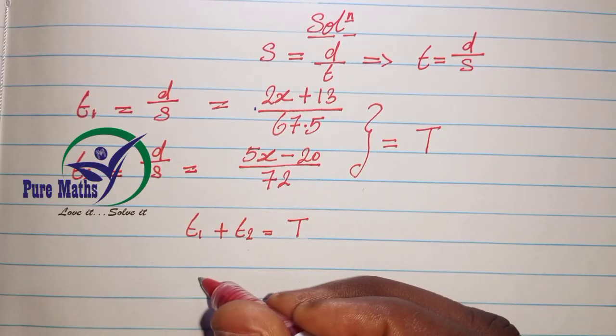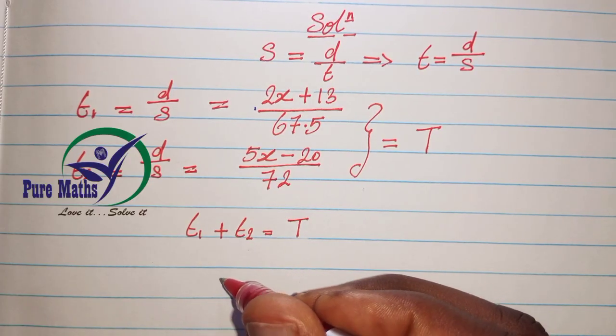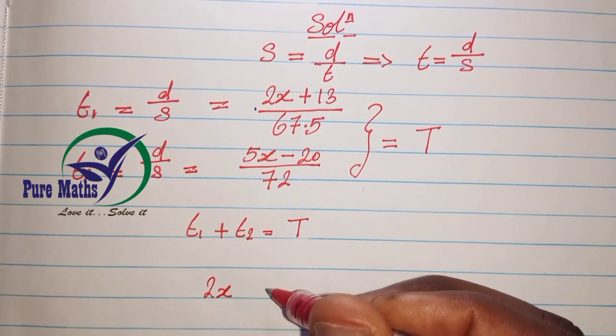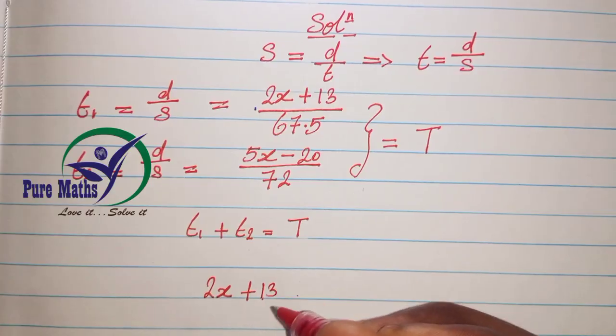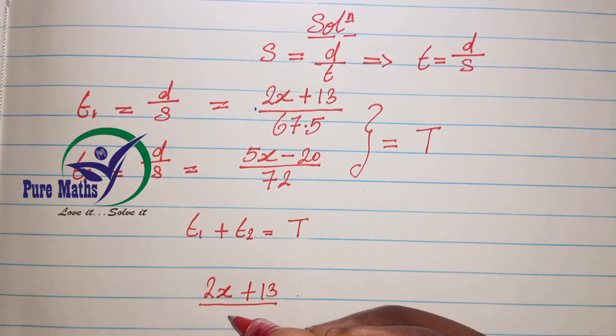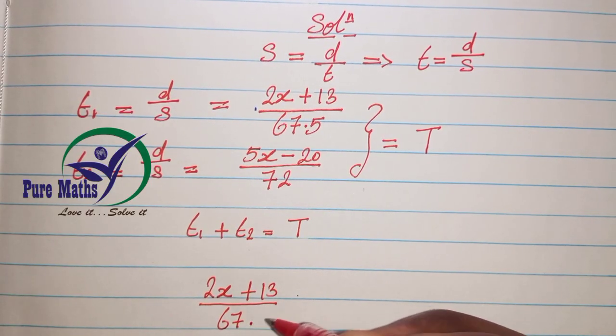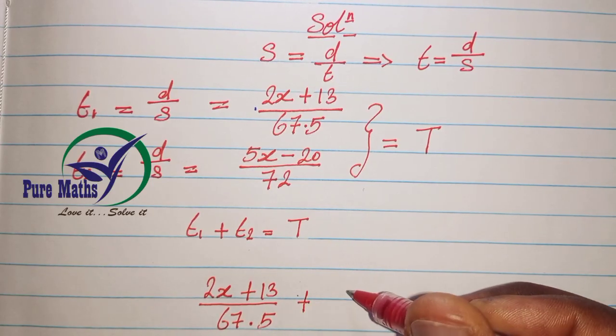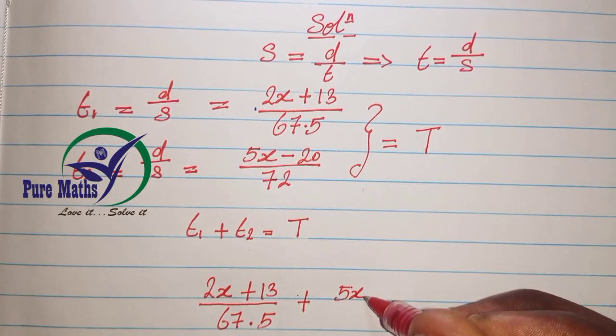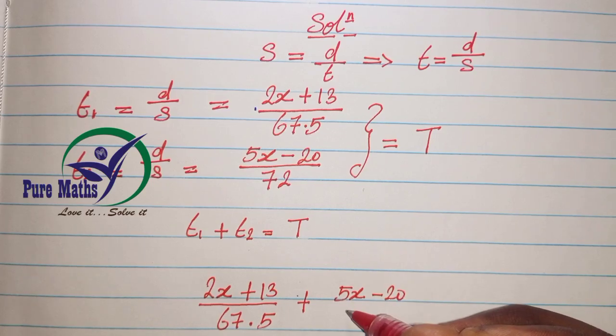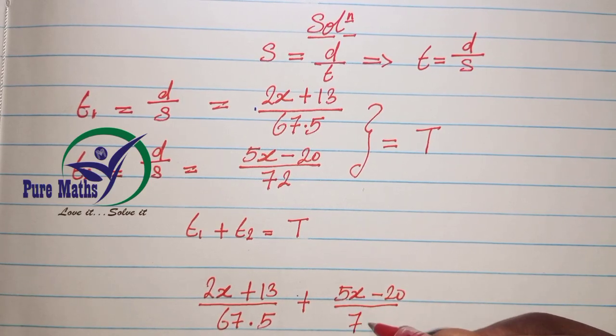Our T1 is, of course, 2x plus 13 all over 67.5 plus our T2, which is 5x minus 20 all over 72.